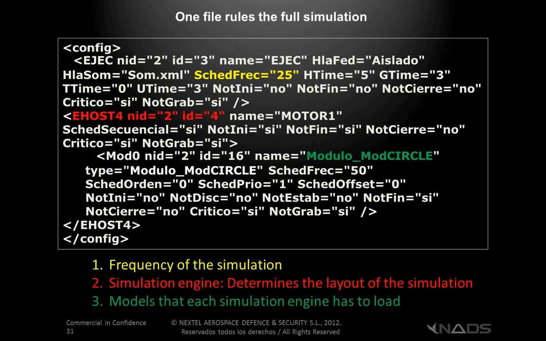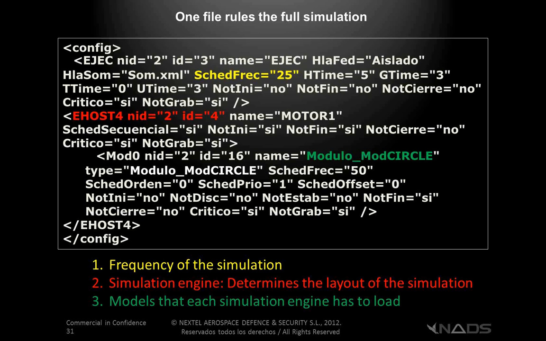Very, very important, the key file. This is the file that the scheduler is going to load at the beginning. And here is all the information about the simulation itself. Well, it has a lot of information especially for the models.